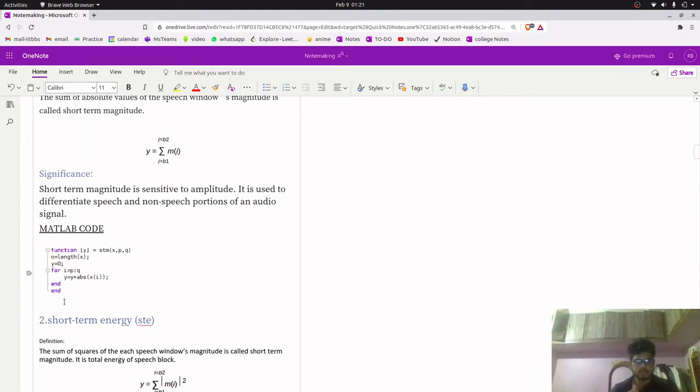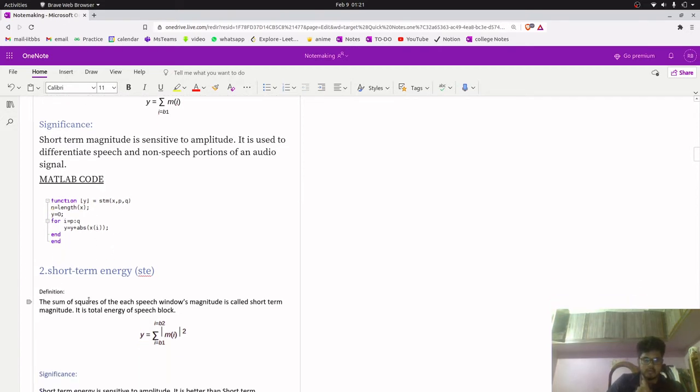Now the code is also very simple. I have taken n as the length of x, and I have iterated from p to q, and I have added all the absolute values of the x array to the y and return that y value.